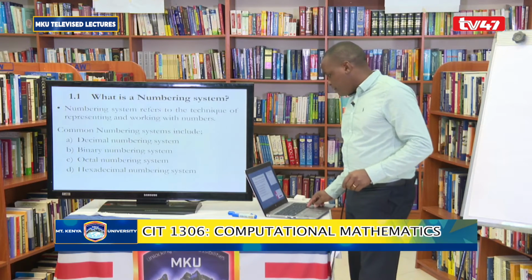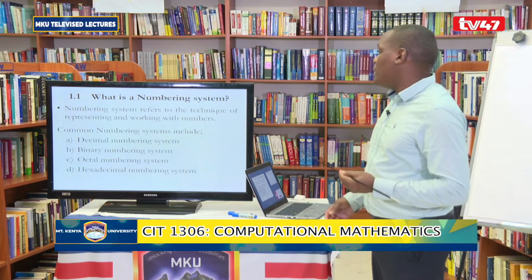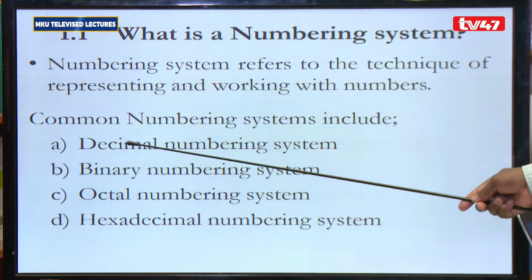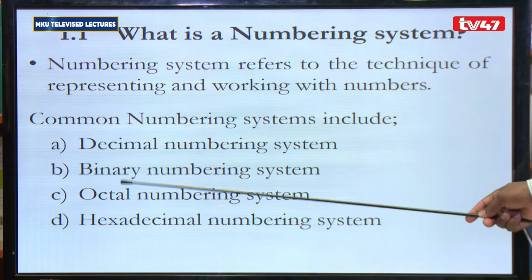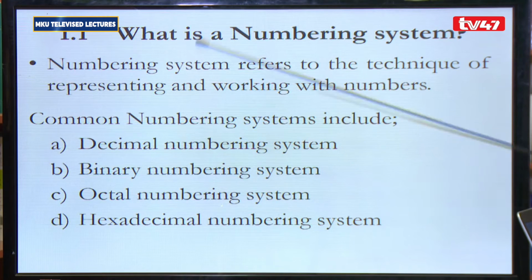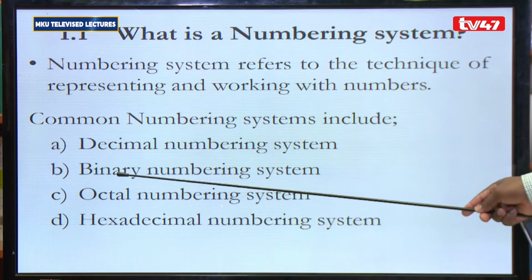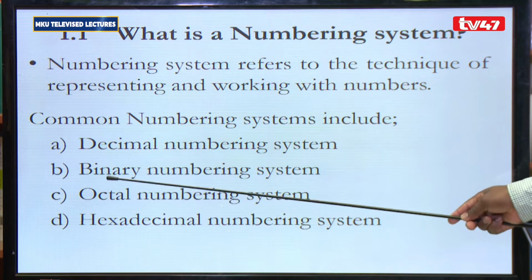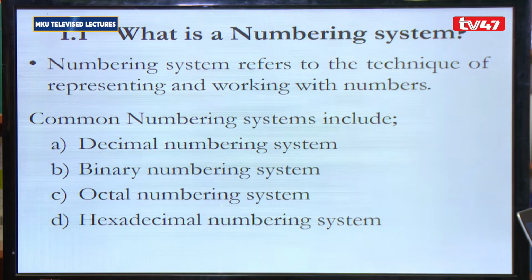There are 4 common numbering systems that exist, and out of these, you can form or represent numbers using other numbering systems that are not represented here. Out of these 4 major ones, you can convert a decimal number into a binary, a decimal number into an octal, a decimal number into hexadecimal, and vice versa, and still perform inter-number conversions from binary to decimal, octal to decimal, octal to binary, octal to hexadecimal, and so on.